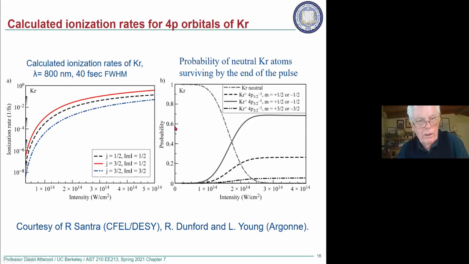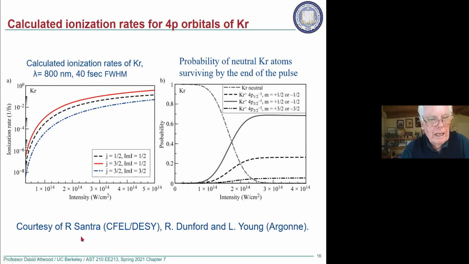These are further calculations. This is from Robin Santra. He's in Germany now at DESY, at the so-called Center for Free Electron Lasers. And he works with Linda Young, many of you may know Linda. She's at Argonne National Lab. She's not the director yet, but just wait.